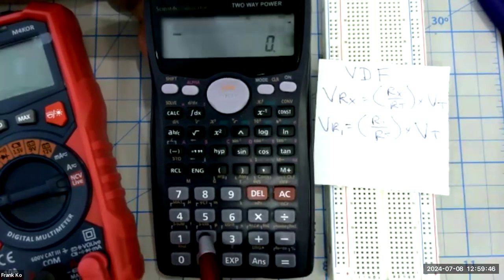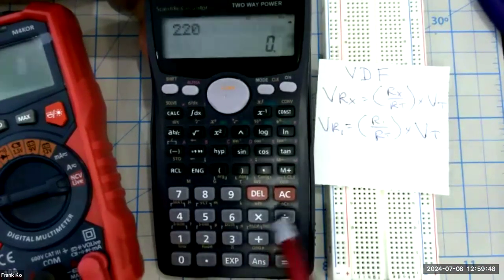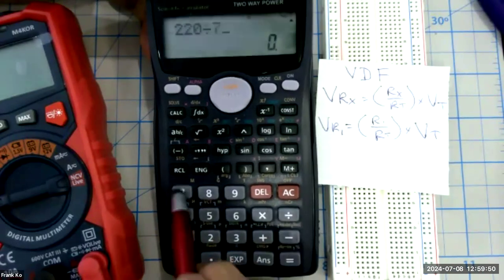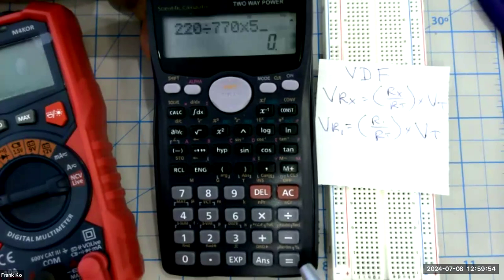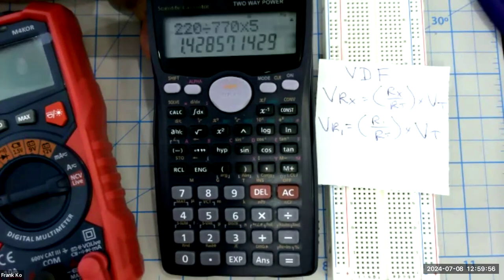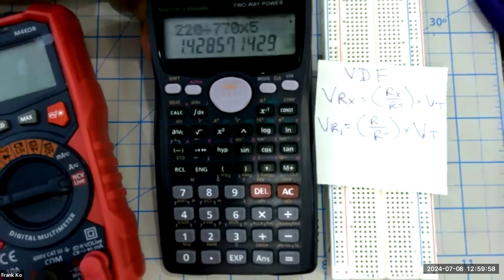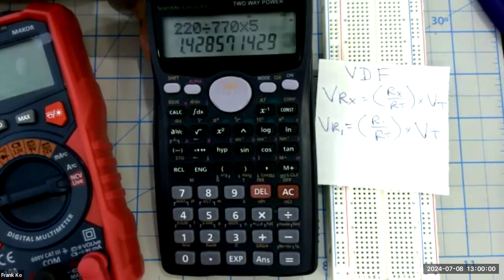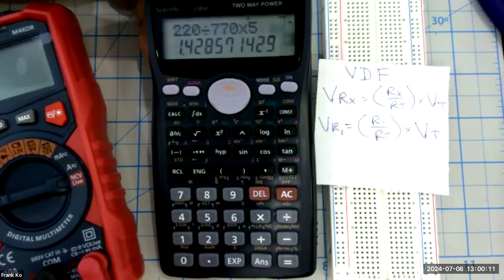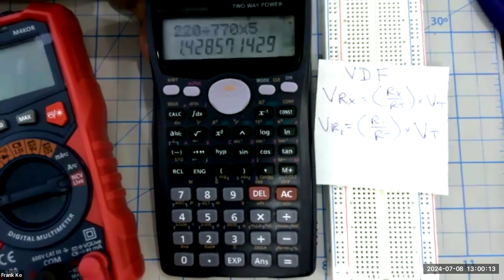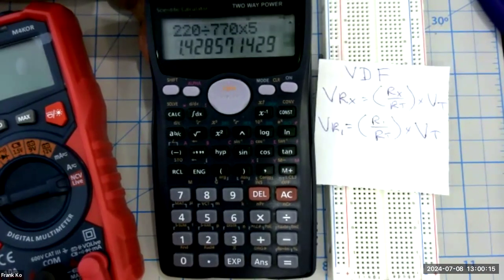The value of R3 is another 220, and divide by 770, and then times 5, and we should have the same number we calculated a moment earlier, and this should be 1.43 volts. So those would be the voltages that you should be writing down for your VR1, VR2, VR3, and hopefully you've copied this sequence of calculations on your own scientific calculator and verified that we are on track with each other.